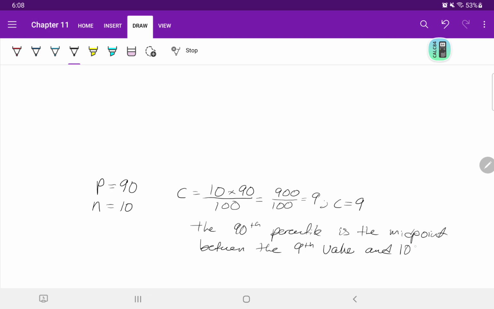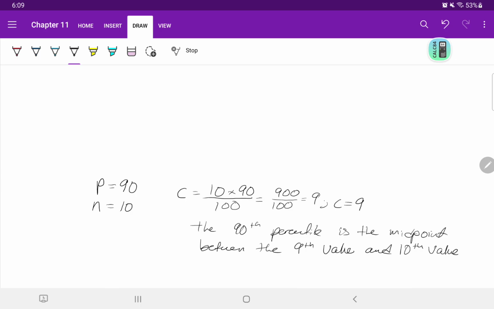And the 10th value. Remember, it is the midpoint, the midway between the 9th data value and the next one. And in this case, the number that comes after 9 is 10.